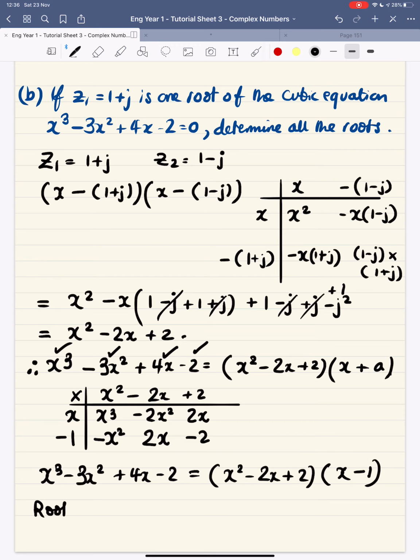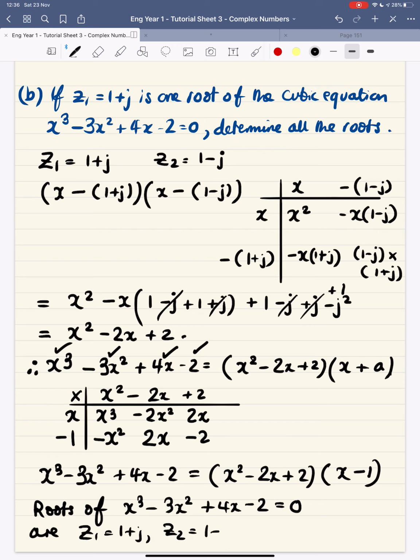So the roots of x cubed minus 3x squared plus 4x minus 2 equals 0 are z1, which is 1 plus j, z2, 1 minus j, and that comes from the complex conjugate, and the third one comes from here, which means when x minus 1 is 0, so x equals 1.